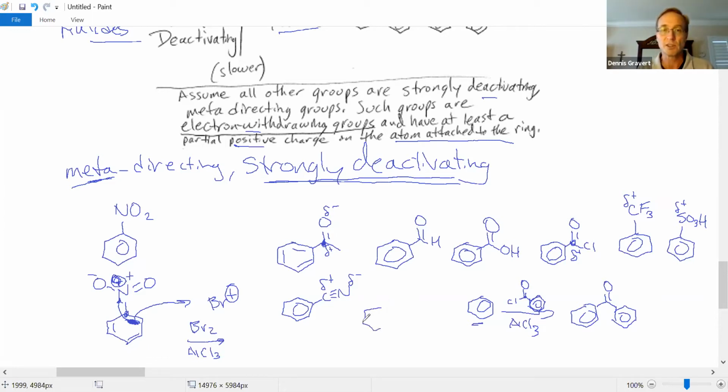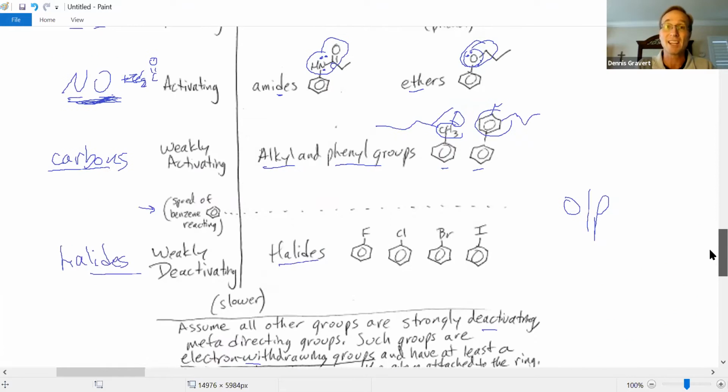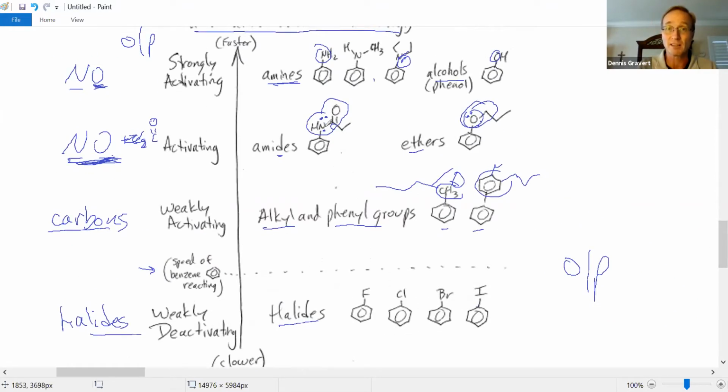Oh, this unfortunately is confusing the students, and I get it. Amides. It depends on how the amide is connected. So if you have the carbon-oxygen double bond group attached to the benzene ring, oxygen and nitrogen are more electronegative than this carbon. The atom attached to the ring is now positive. But if you connect the nitrogen to the benzene ring, now you have a lone pair next to the ring.